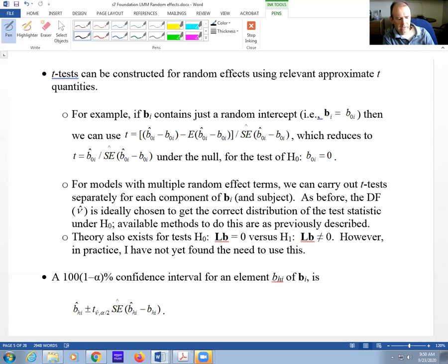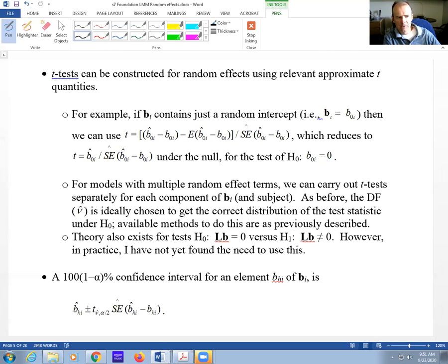So we add in random effects for site because we want to account for the variability between the sites, but we're not really interested in those, right? And the same thing for scanner model. They could get different results based on the scanner model that they're using, so we have a random effect for the scanner model. And even for the subject, we have a random intercept for subjects as well. We may not be that interested in those different random effects, but we want to put them in the model. In that case, you don't need to do the t-test.